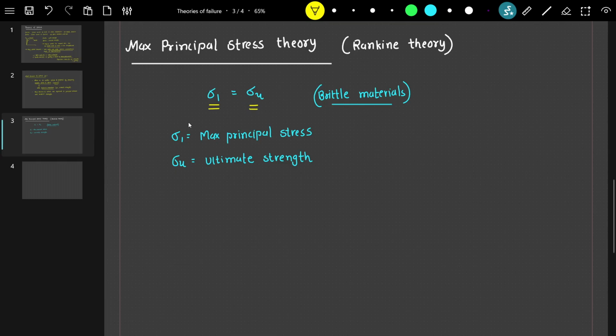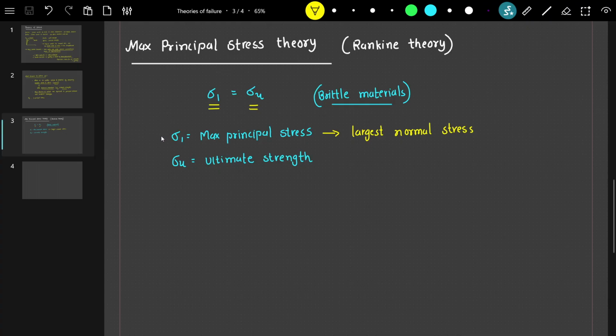This maximum principal stress is basically the largest normal stress. We know brittle materials are weak in tension, so they fail at the largest tensile stress, that is nothing but the maximum principal stress. So we are complying with the experimental observation. It's the simplest theory of failure. It simply states that when the maximum principal stress reaches the ultimate strength, the brittle material fails.